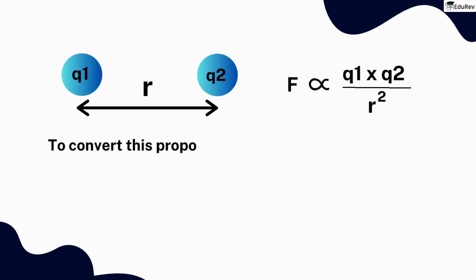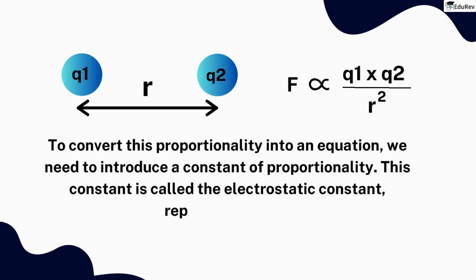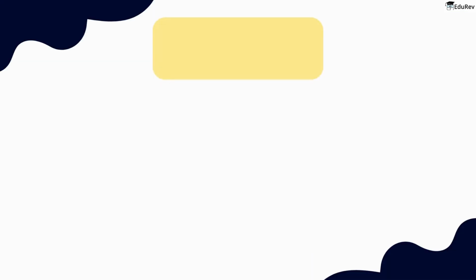To convert this proportionality into an equation, we need to introduce a constant of proportionality. This constant is called the electrostatic constant, represented by K. Now, we can write Coulomb's law as an equation: force F equal to K into q1 into q2 divided by r squared.